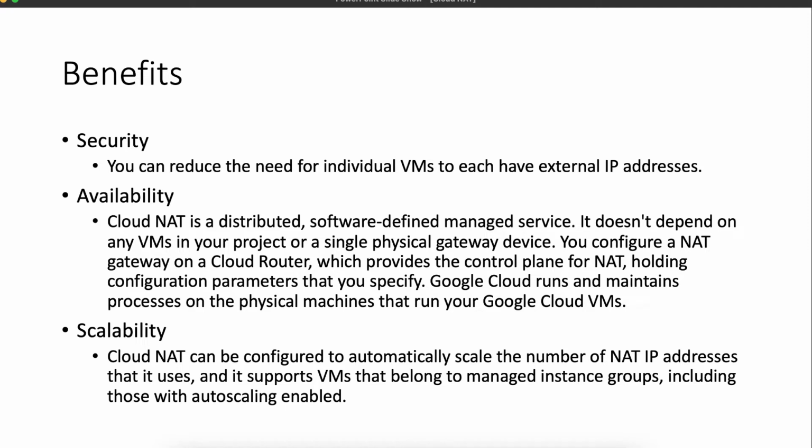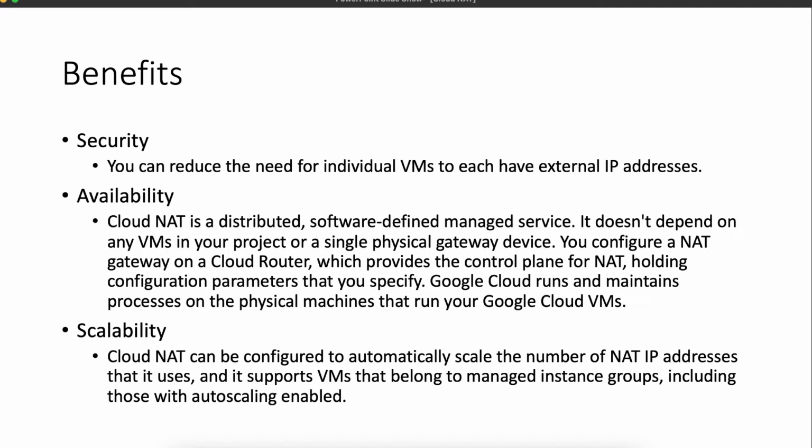So of course, security, it applies two ways, right? You can reduce the need for your individual virtual machines to have external IP addresses, like we discussed in the earlier slide. Your virtual machines do not need to have an external or public IP address if you are using NAT and want to access the internet.